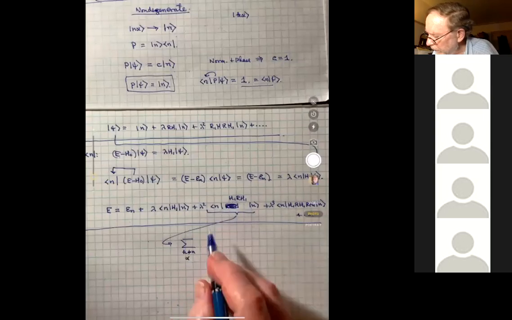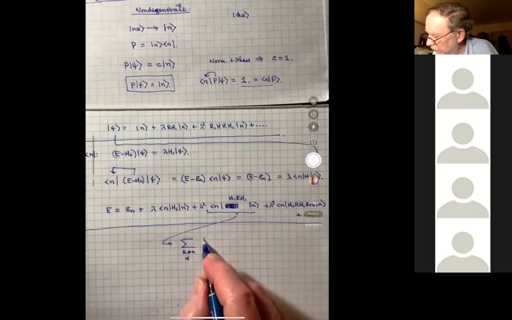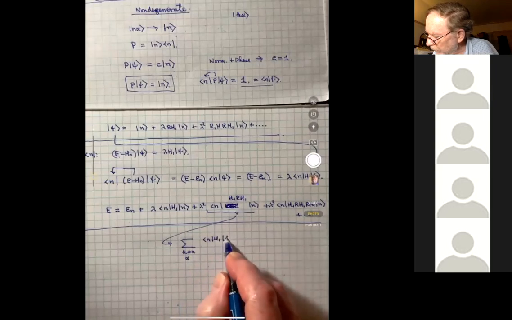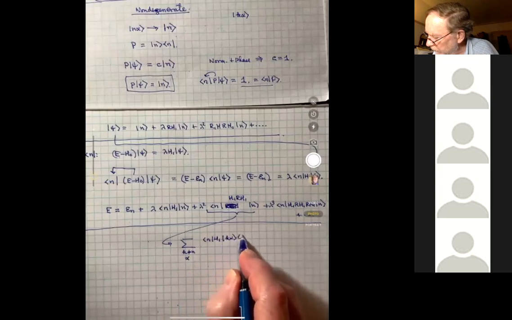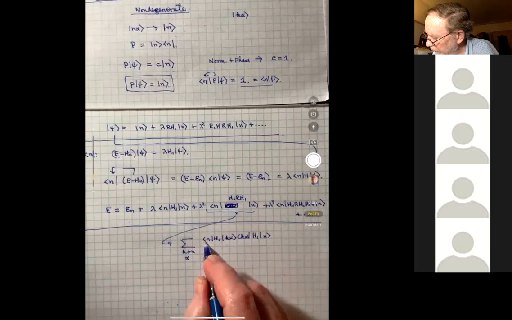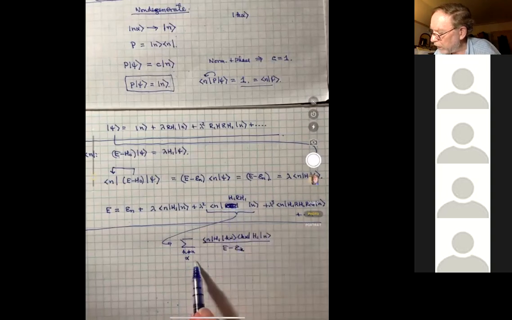Then we have n scalar product H1, then the R has the projectors, the outer product k alpha. That comes from the R part. Then you've got an H1, and then you've got n. And this is divided by E minus epsilon sub k. That's plugging in the definition of R for that second term.